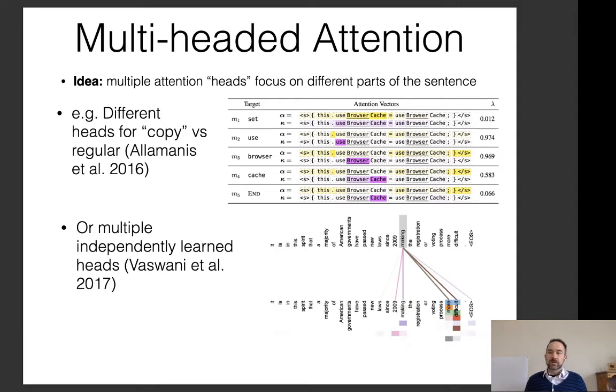And you can even take it a little bit further, which is basically that you just train independent heads completely randomly initialized, with the idea being that if you have different heads that focus on different parts of the sentence, they might essentially be able to pass in different varieties of information.